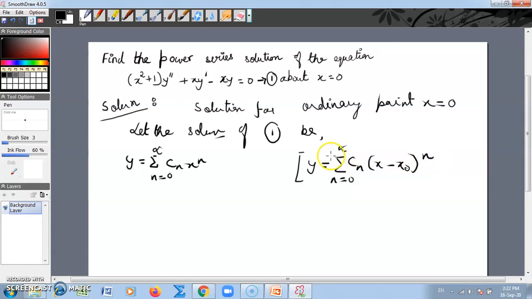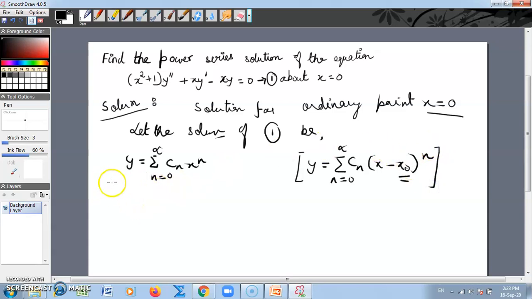After that, we took its derivative, we found y dash, y double dash, and so on. But here x naught is 0. X naught means the ordinary point. So this becomes just Cn x to the power n. That's why we have written it in this manner.